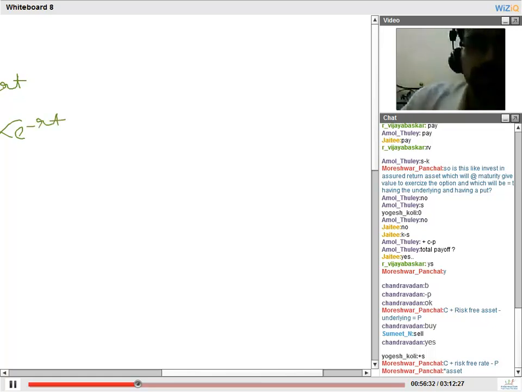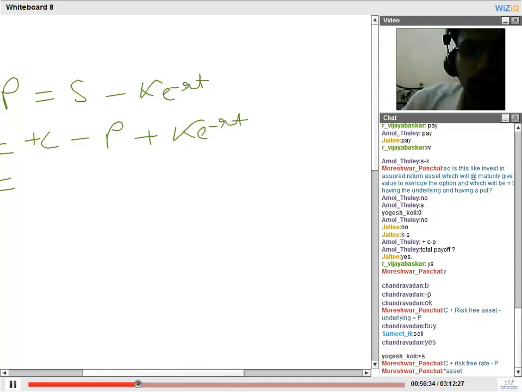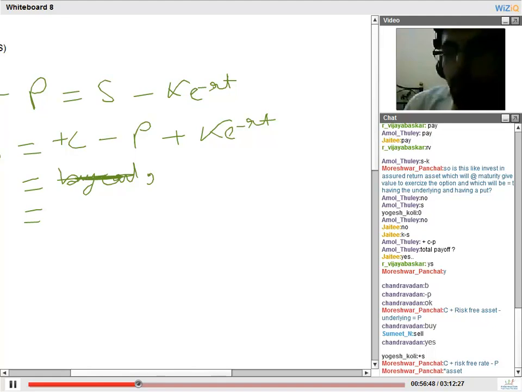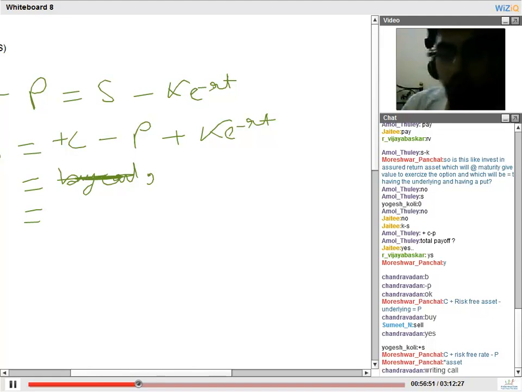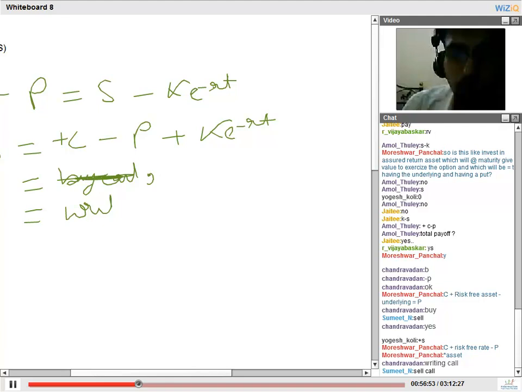So plus C will look like buying a call option. Minus P will look like, I'm sorry guys, see again even I'm making a mistake. What will plus C be? Plus C will be buying a call or selling a call? It's a cash inflow, writing a call. Good. Writing a call.